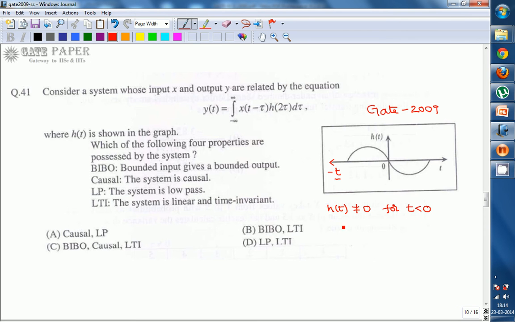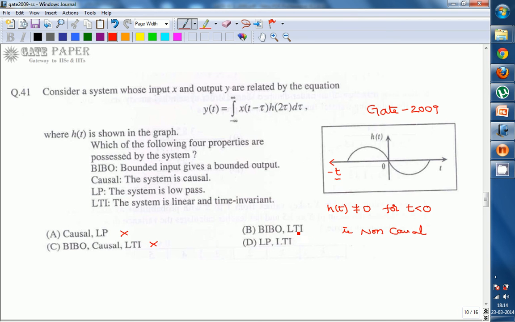We know that if h of t is not equal to 0 for t less than 0, the system is non-causal. So we can say option A is wrong here and option C is also wrong.